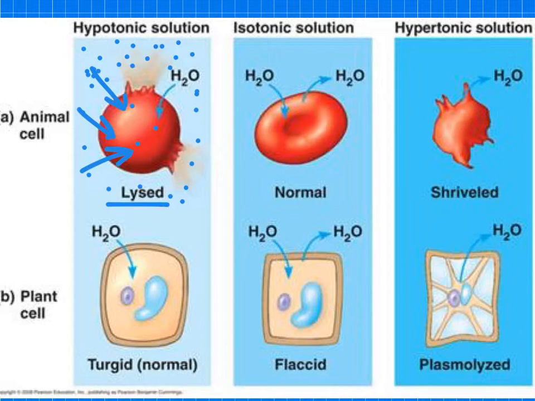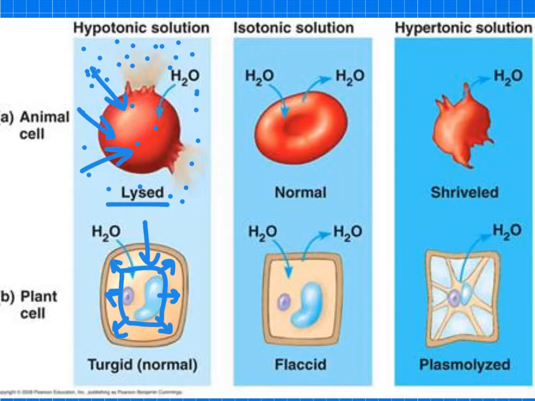Whereas in a plant cell, water will move in, but because of the vacuole, you can't really see the vacuole very well there, it's going to press against the cell wall, and it makes the cells what we call turgid, and that is a normal situation. So plant cells need a lot of water to keep them turgid and firm.